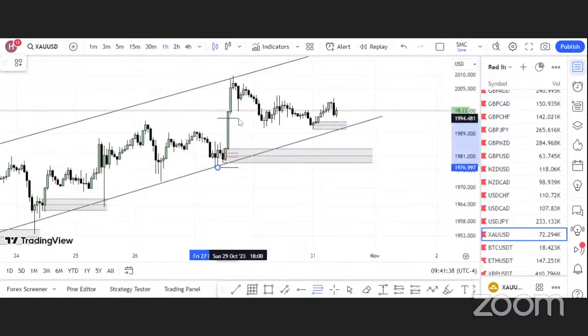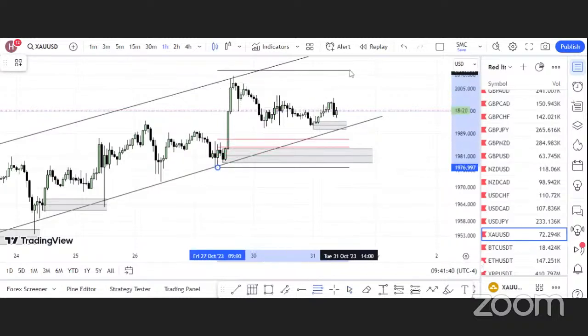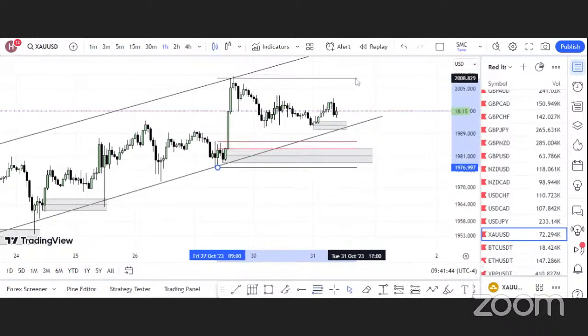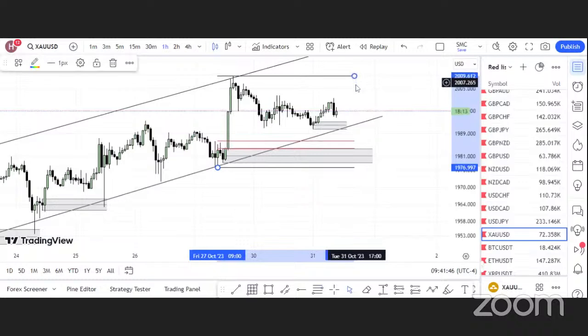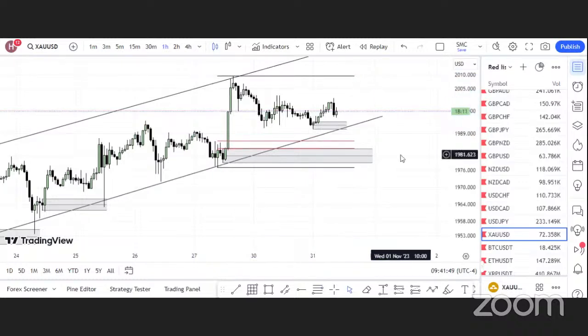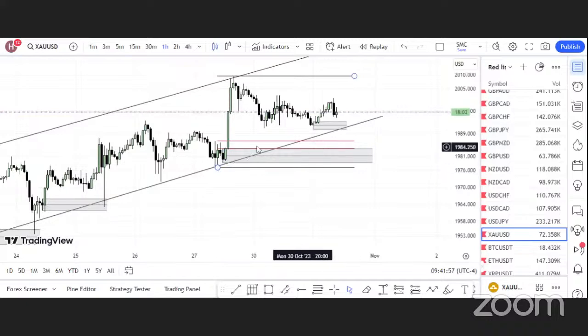Let's use our Fibonacci tool to get a proper entry here. Fibonacci are great tools, and they give good entries. So you see, the Fibonacci tool gave me an entry from the beginning of the fair value gap.